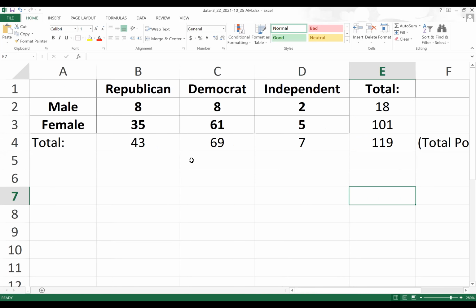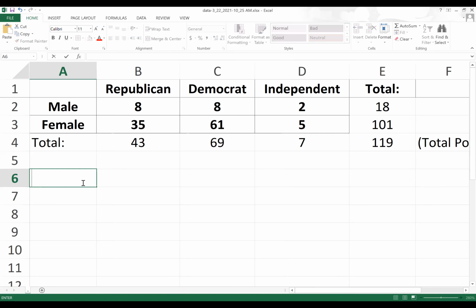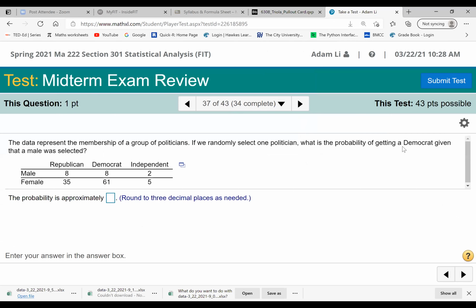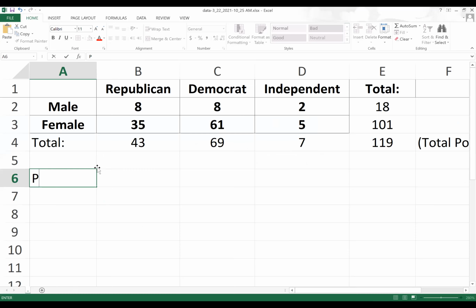Now the conditional probability they want to find out, let's go back to the question. They want to find out getting a Democrat, given that a male was selected. That means the given condition is male, right? So the male politicians, the total of them is 18. And we want to find the percentage of Democrat, given that it's male.